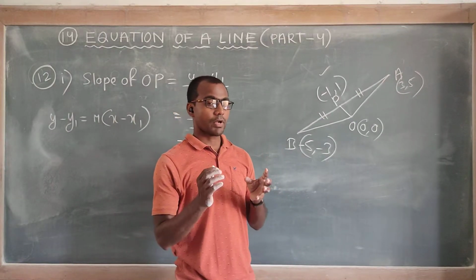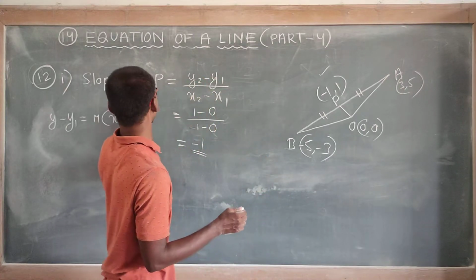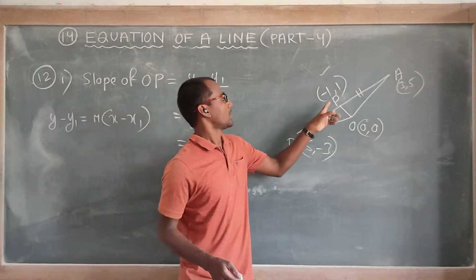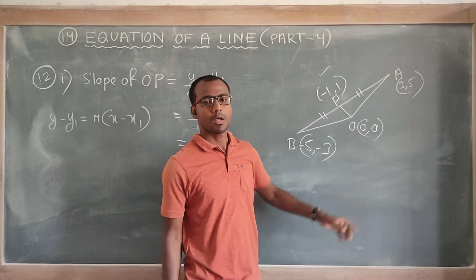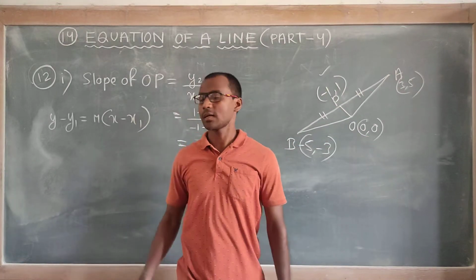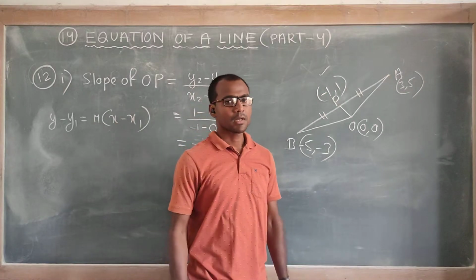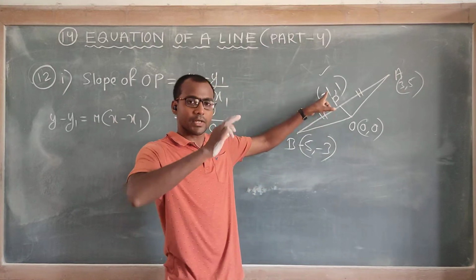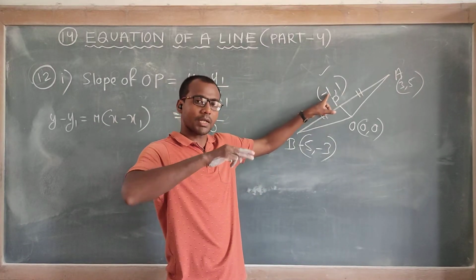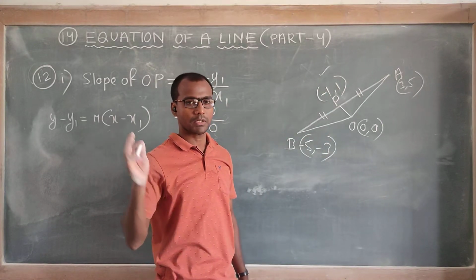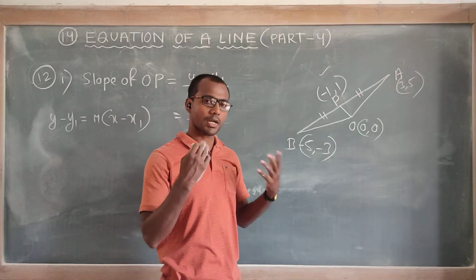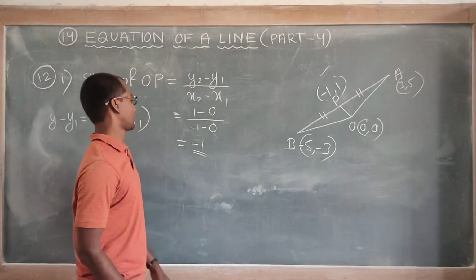When I found the slope, I took this point as x2 y2 and this point as x1 y1. But while finding the equation of the line, I am taking x1 y1 as the point which I had taken as x2 y2. So you are free to choose any point out of the 2 points.